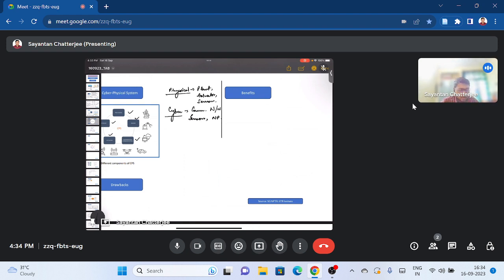This is the overall picture of how the systems work.